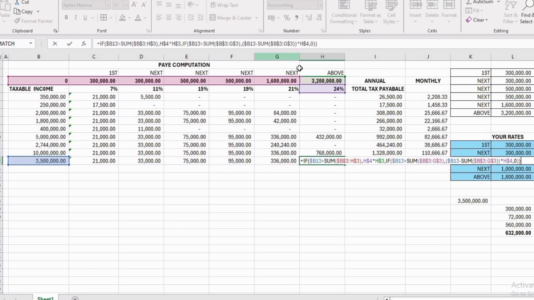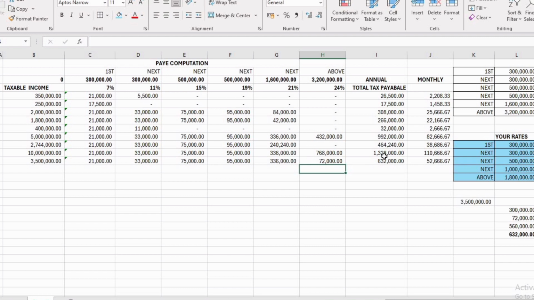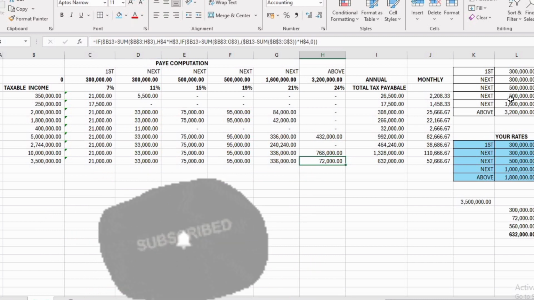So for the second part, if the taxable income is greater than the total of 3.2 million, which is from cell B to G, but not up to 6.4, then find the excess above 3.2 and apply that same 24% on the excess. And where the taxable income does not fall in both parts of the formula, then let our answer be 0. And that is simply how the formula for PAYE computation on Microsoft Excel is done.